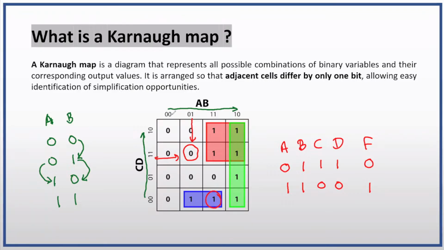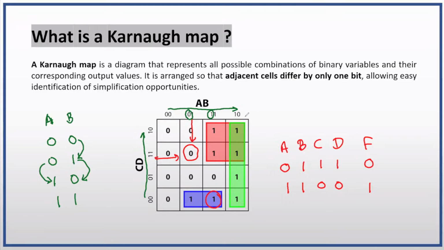In this case, always only one bit changes: 0 0, 0 1, then only this bit changes to 1 and the second remains unchanged. Like that, we draw the Karnaugh maps. What we have to remember is that adjacent cells differ by only one bit.